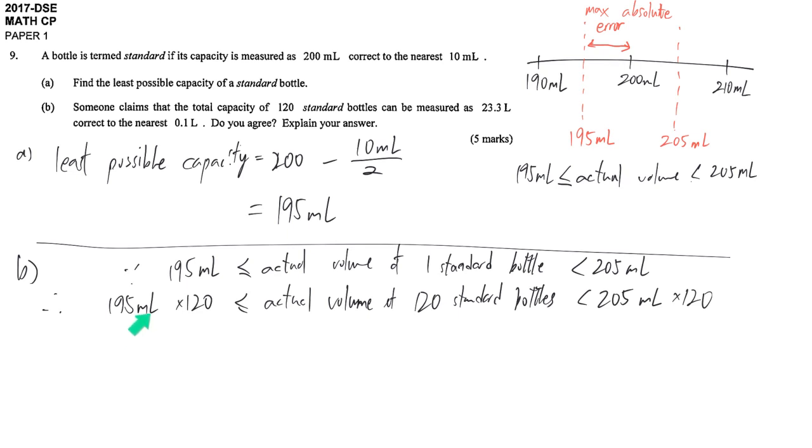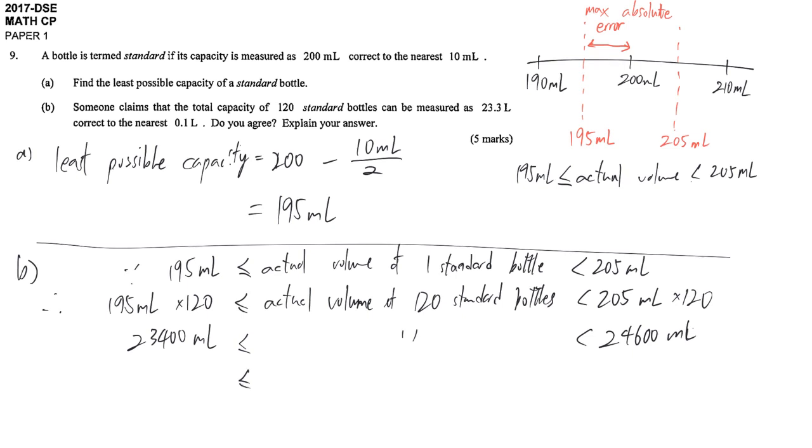I write down ml here because we are going to compare with liter, which is another unit. So we just simply write that down for easy comparison. So this one is 23400 ml, and then the right-hand side, 24600 ml.